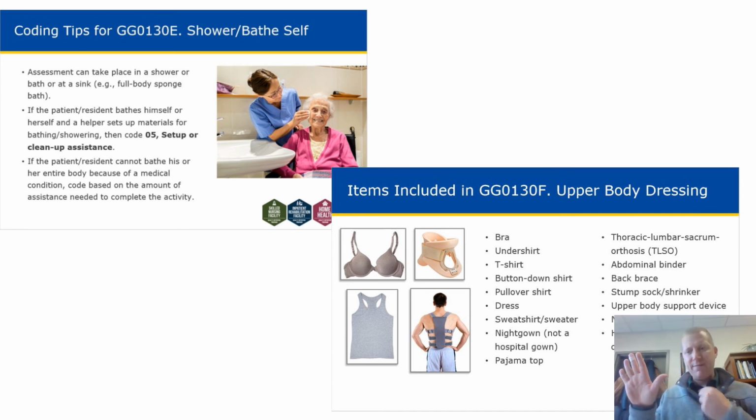So that's 5. And now I'm wearing a sweater. Can I put it on and take it off? So for my upper body dressing, that's 7 items that I had to do. Then I would calculate how many of those I needed help with. Maybe I only needed physical assistance or verbal cues with 2 of the items. Well, that's less than half, and so I would be coded at that appropriate level.